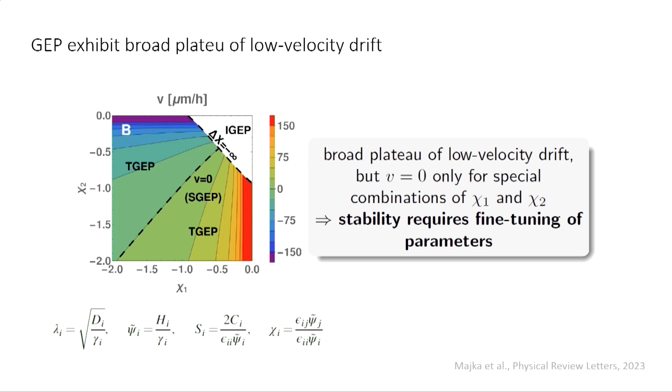The thing is, the traveling gene expression patterns close to this region of stable gene expression travel at very low speeds. So we believe that this broad plateau of low-velocity drift is something that patterns in biology can persist in.